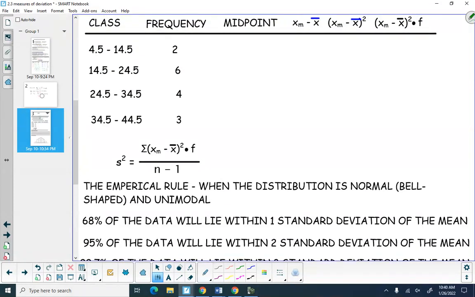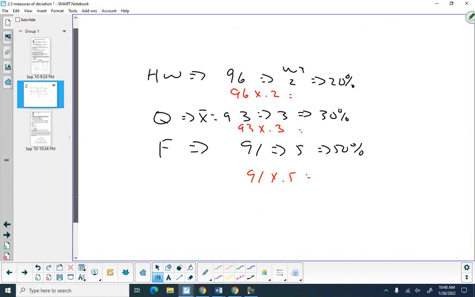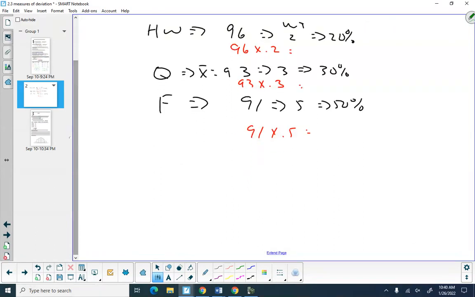Just to reiterate what happens with a mean and a standard deviation when they grade on a curve. Suppose the mean score was 72 on a test.